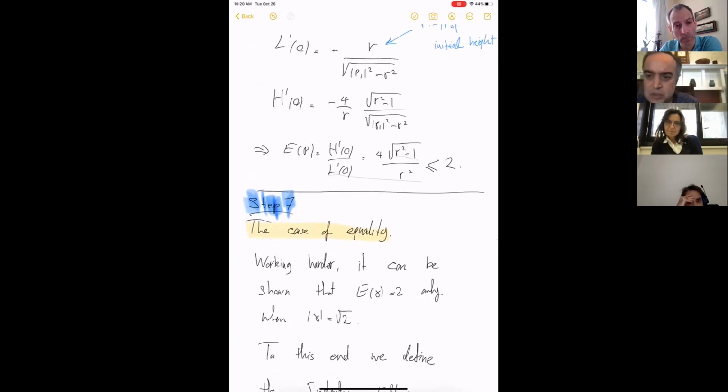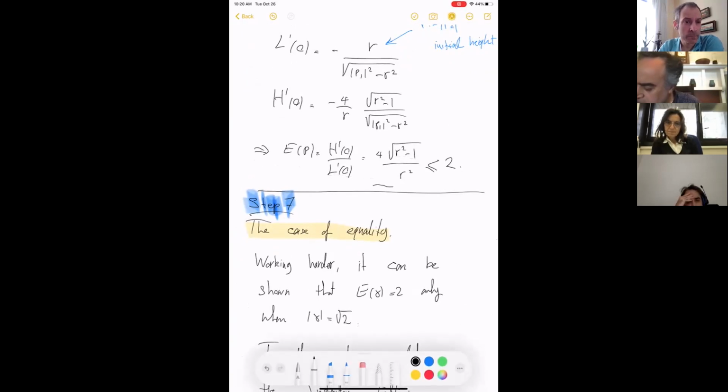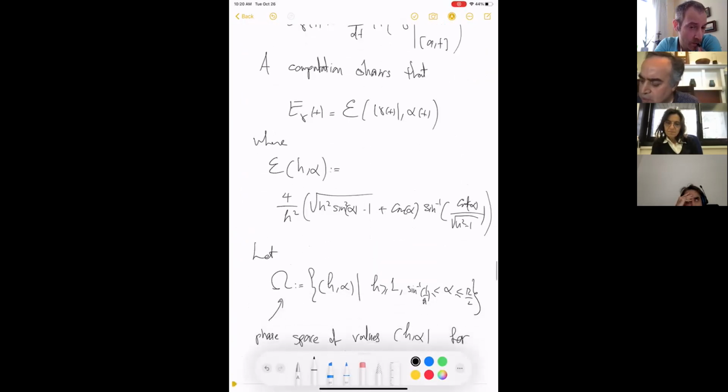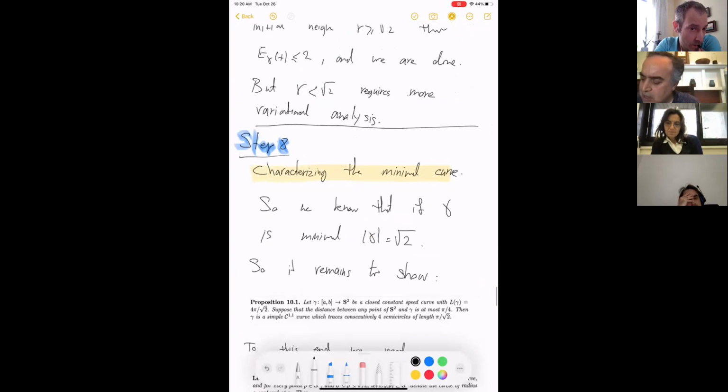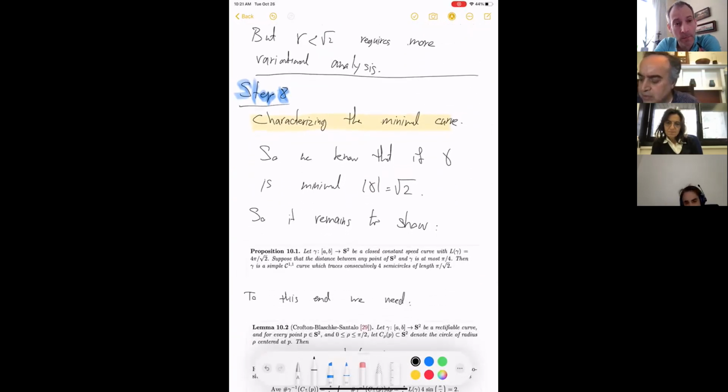Let me show you which one. This one. This is equal to 2 only when the height is constant radical 2. So when the efficiency is 2, my curve lies on a sphere of constant radius radical 2.